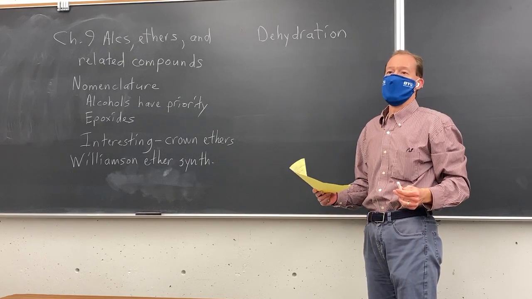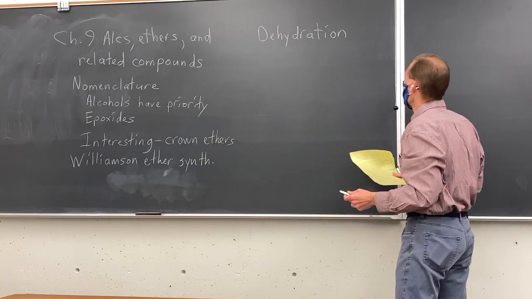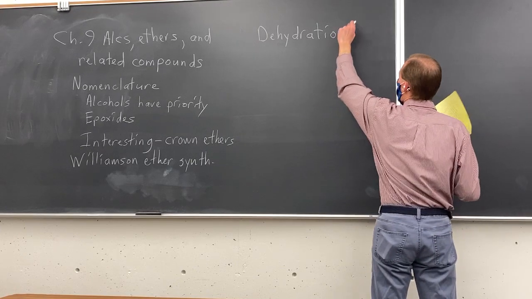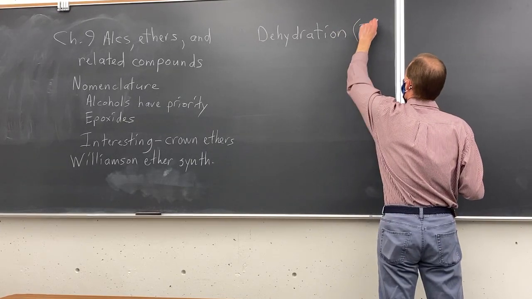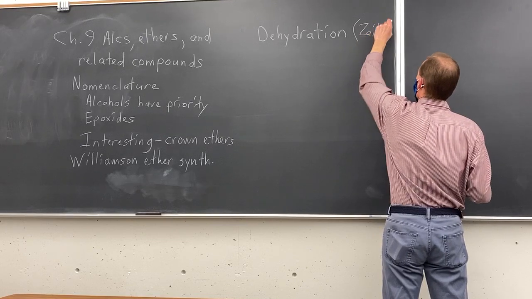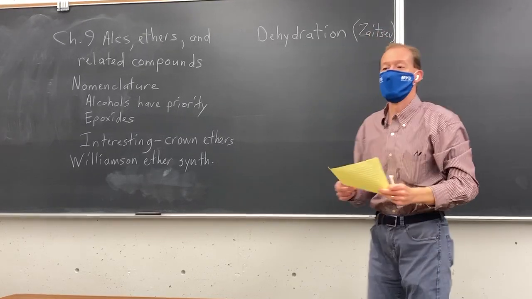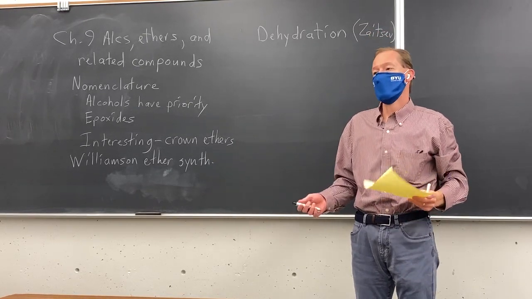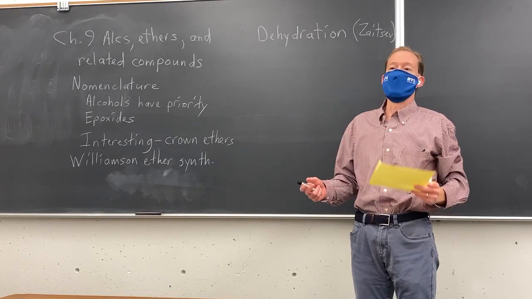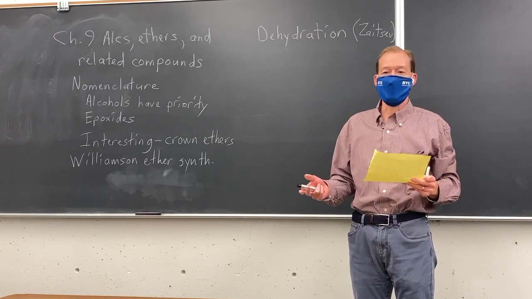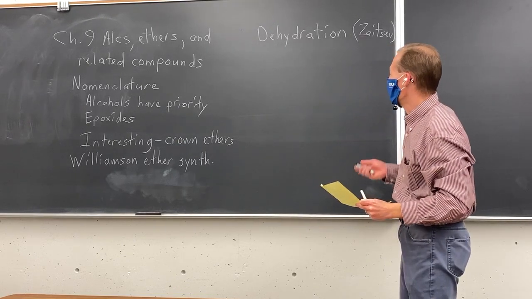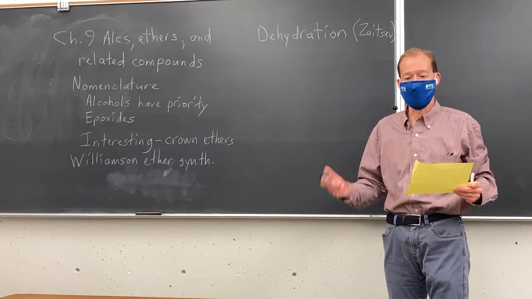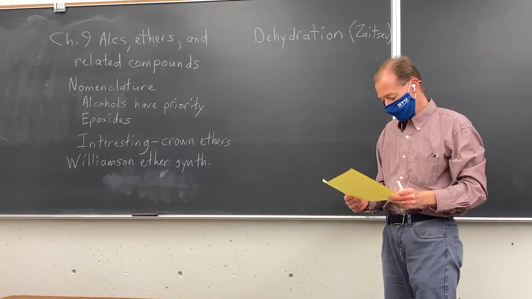And as alkenes are the products, one important thing to note is that the dehydration reactions will follow Zaitsev's rule. We learned that in chapter 8, that more substituted alkenes are formed faster than less substituted alkenes. And the dehydration reactions we learned in chapter 9 follow that pattern.